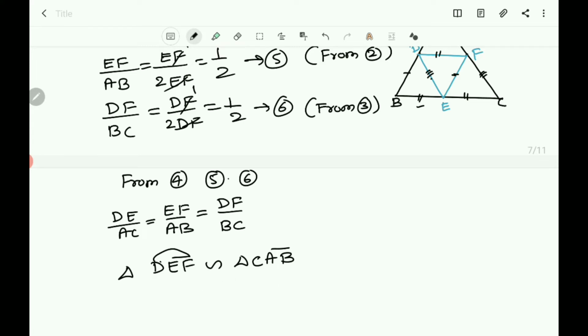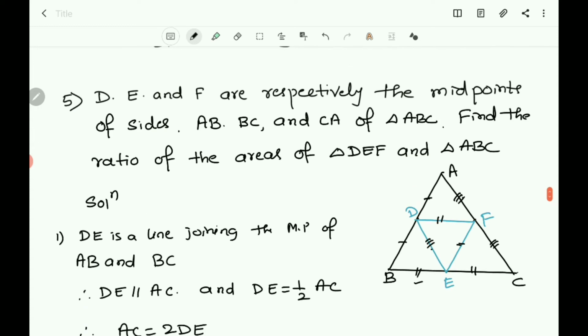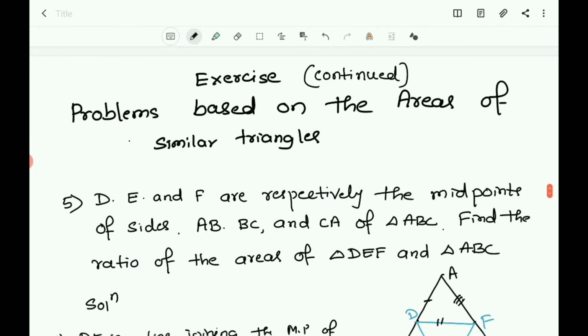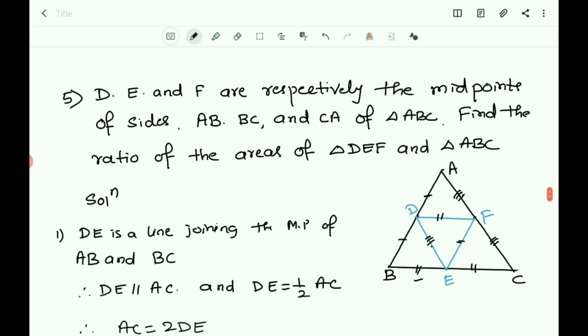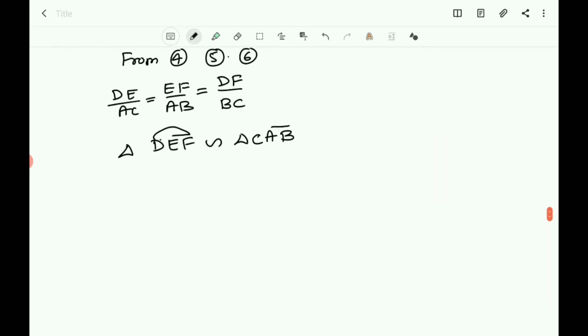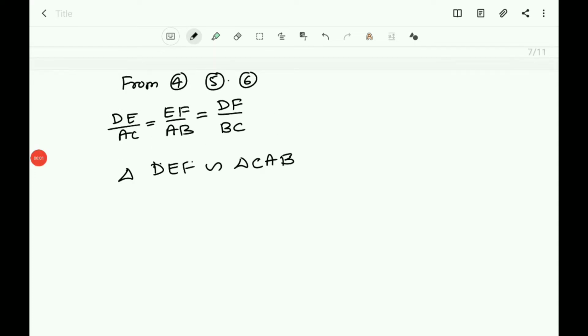Then you take the areas here. Here what do you have to prove? Find the ratio of the area of triangle DEF and triangle ABC. So you write here: which criterion is used here?